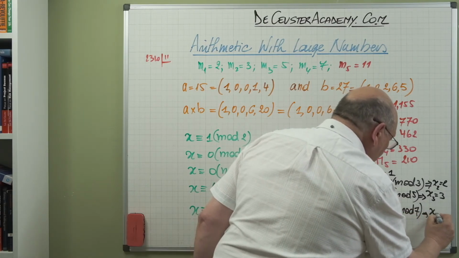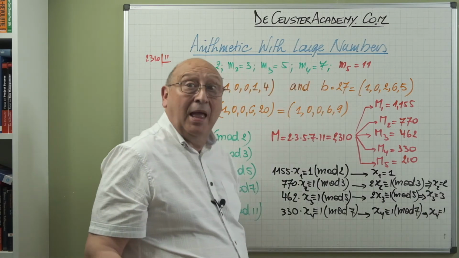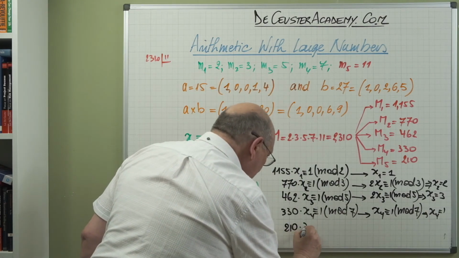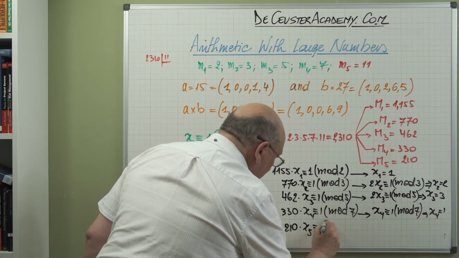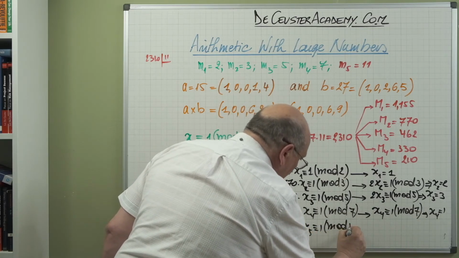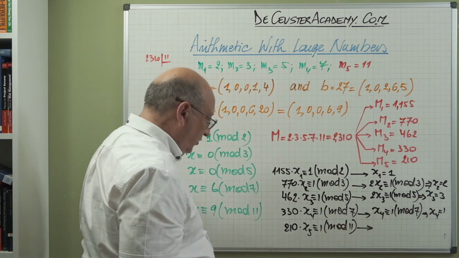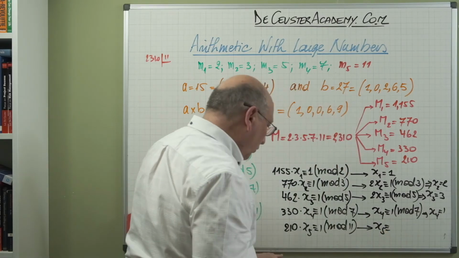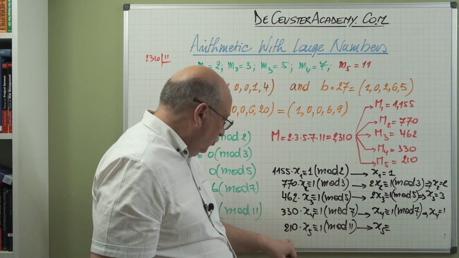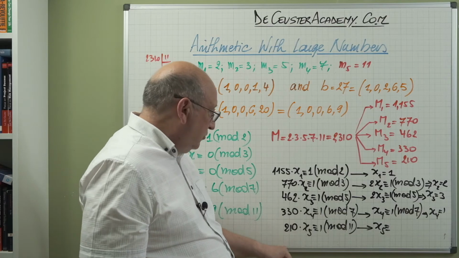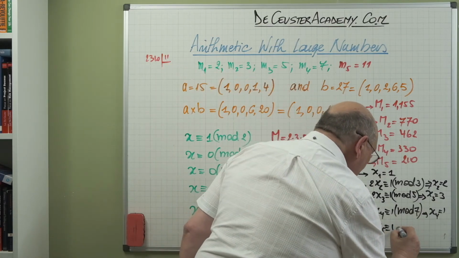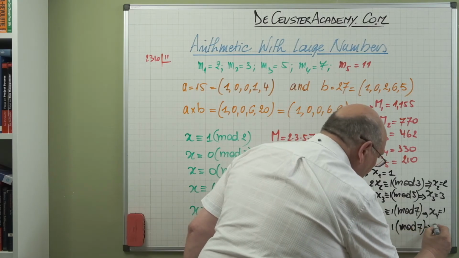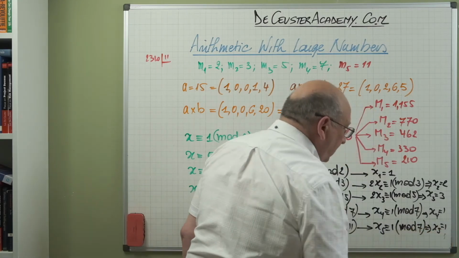So x4 is 1. And the last one, 210 x5 is congruent with 1 modulus 11. When we do the same reasoning, we find that x5 is also equal to 1.